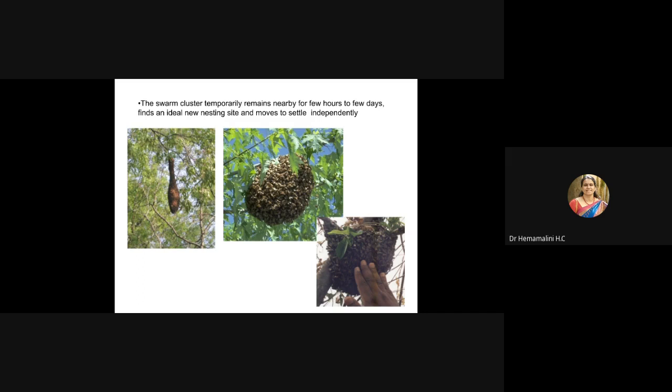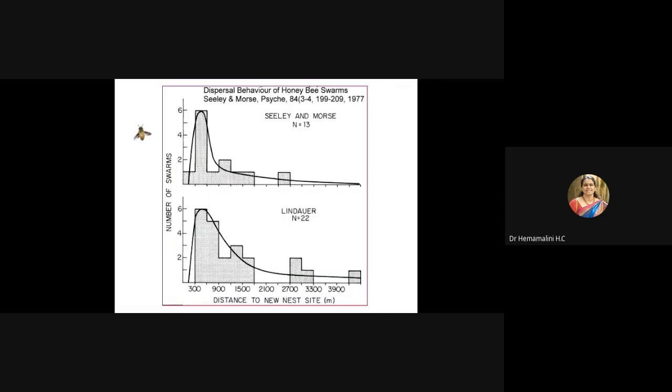When it finds an ideal new nest site, it moves to that nest site. During this condition, elder worker bees move to different locations and go in search of new nest locations. They usually prefer the locations where earlier honeybees have taken up nesting.